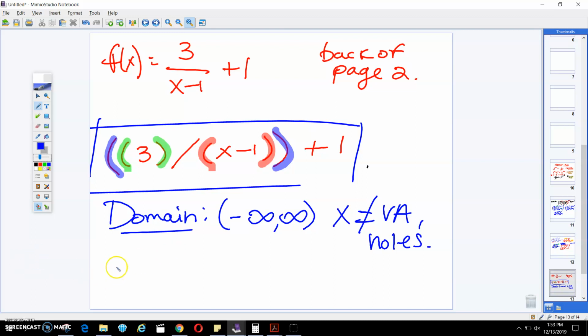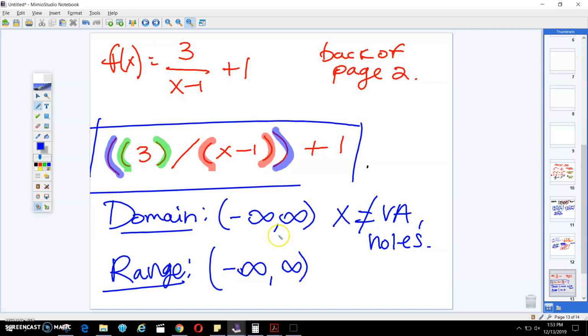For range, we're on the back of page 2. For range, what I would put is from negative infinity to positive infinity. However, if you're talking about rationals, there's going to be some point that you reach for your horizontal asymptote, okay?